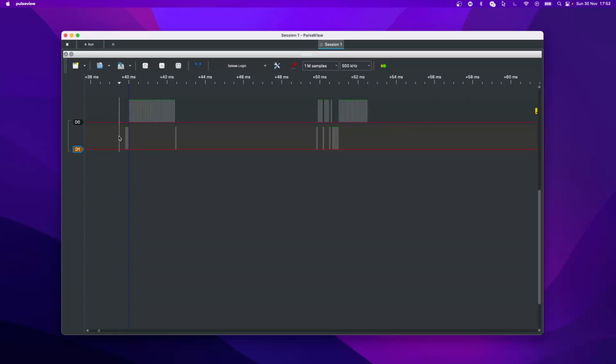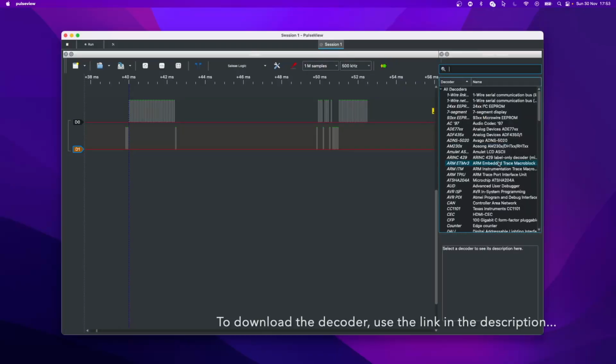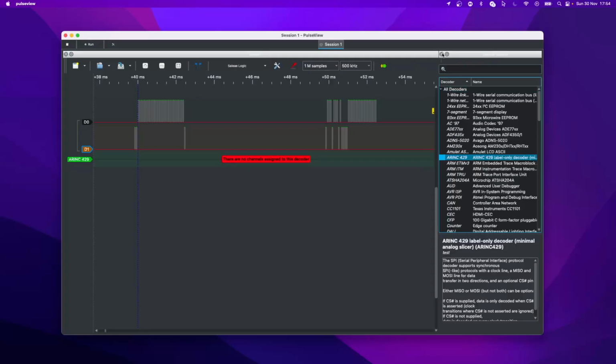Now the next thing we have to do is to decode the signal. In order to do that, we push this button here, we click here, and there is this ARINC 429 decoder that I developed last month, which is quite useful. So you click twice, a new line appears here.